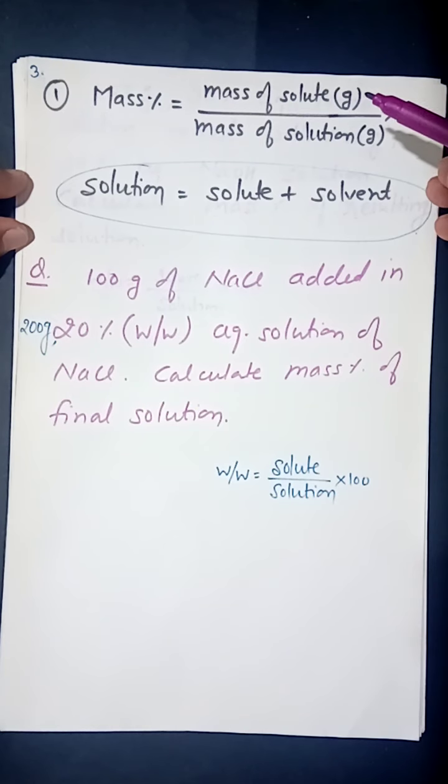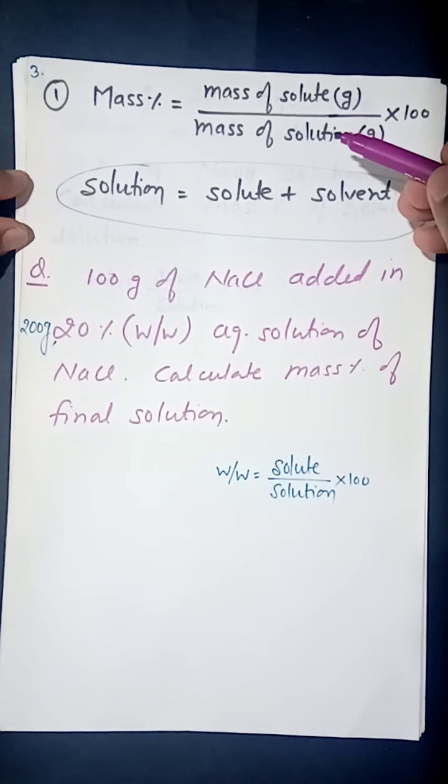We use test tubes and a spatula, which require quantity only in gram and milliliter, and therefore we generally use the CGS system. So it is mass of solute upon mass of solution into 100. Remember, solution is equal to solute plus solvent.